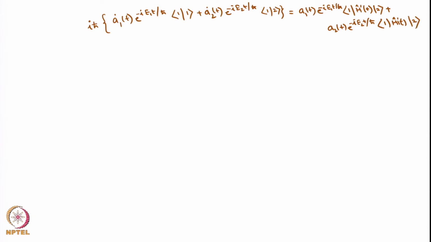Okay, that is what you will get. Now let us look at this. Now we know the wave functions ψ1 and ψ2 are orthonormal, which means the ψ1 ψ1 overlap integral will go to 1 and the ψ1 ψ2 overlap integral will go to 0.